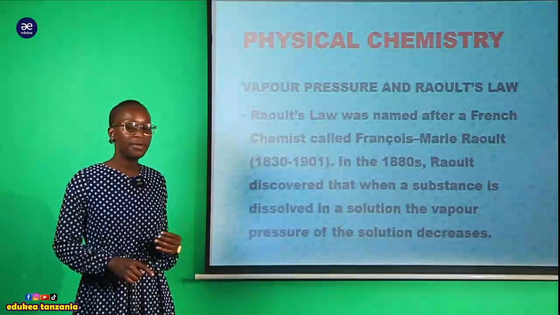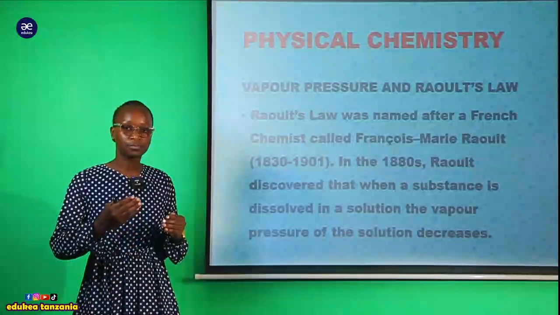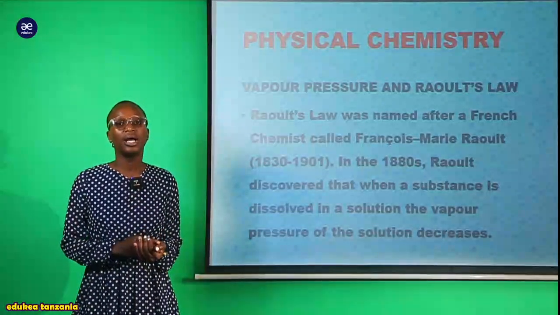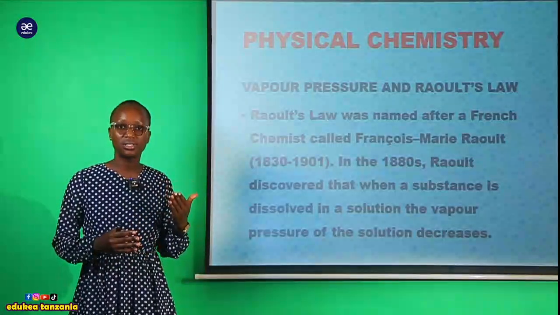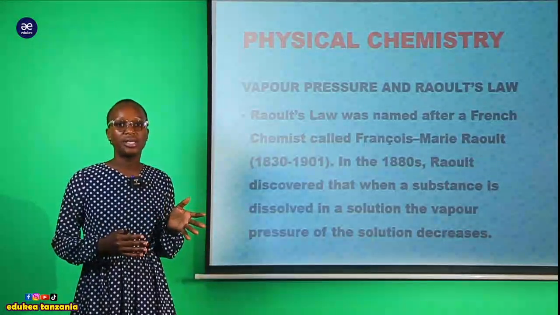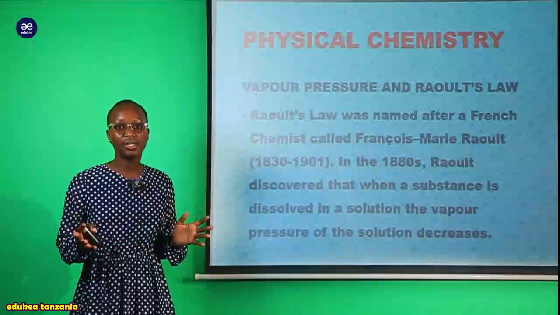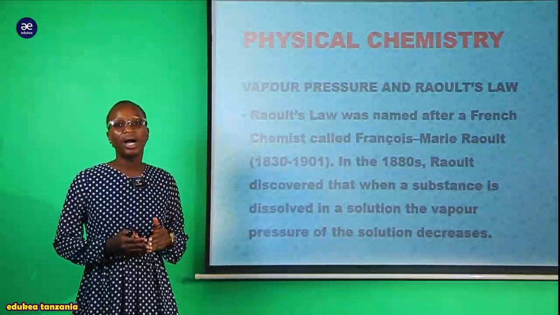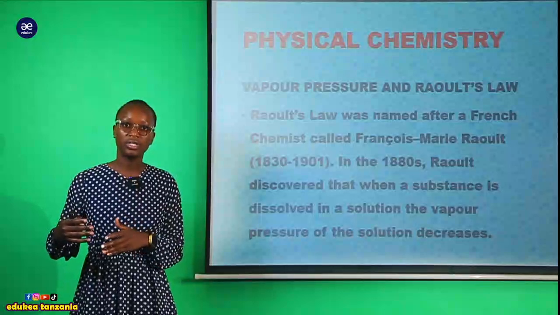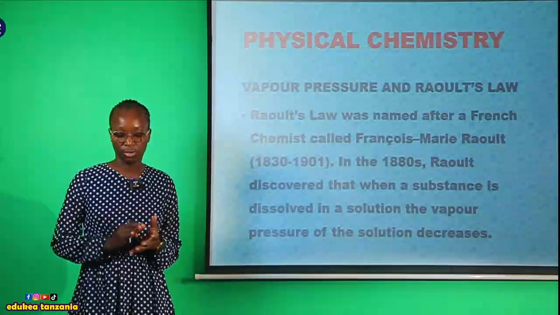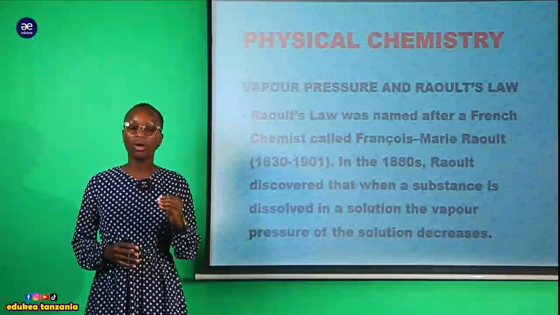In the previous session we looked at vapor pressure lowering, the formula, and what it means. We saw that it is the difference between the pure vapor pressure of the solvent and the pressure of the solution.